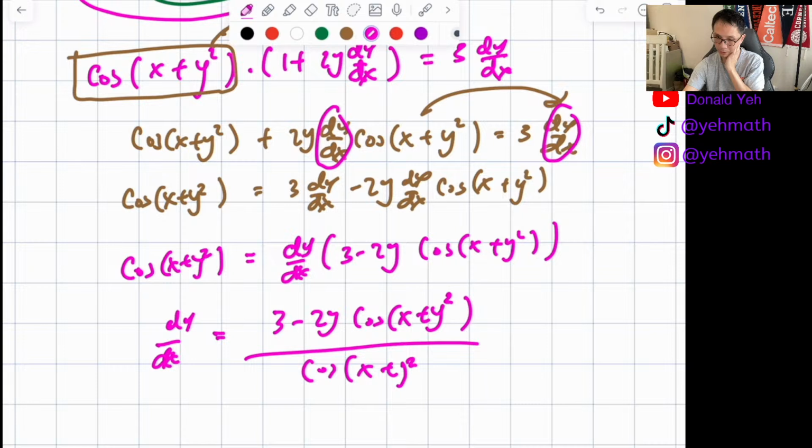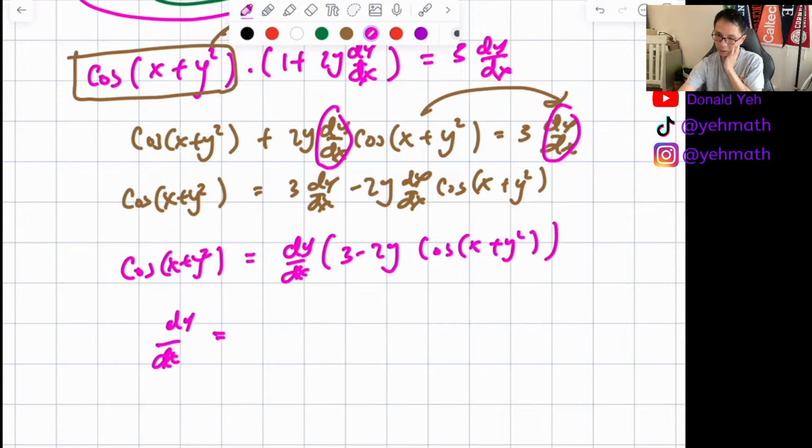Yeah, I did, since you divided. Thank you, sorry, I did it too fast. This is flipped, so it's going to be cosine of (x plus y) squared over 3 minus 2y cosine of (x plus y) squared. And do not try to cancel this, because if you cancel that, it's wrong, because that is not a factor.